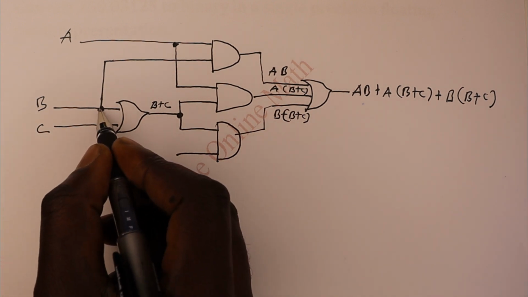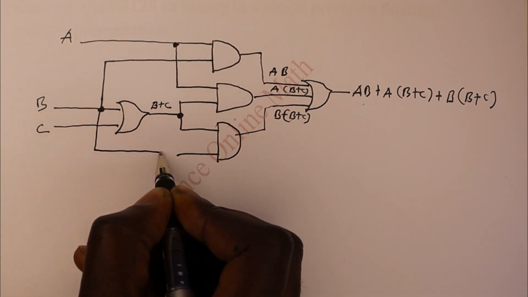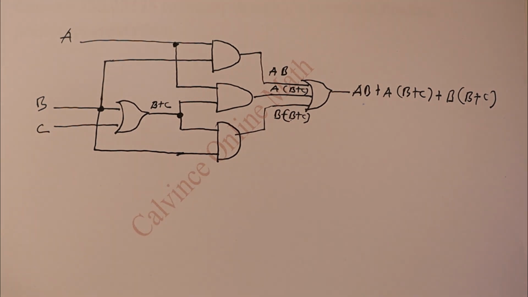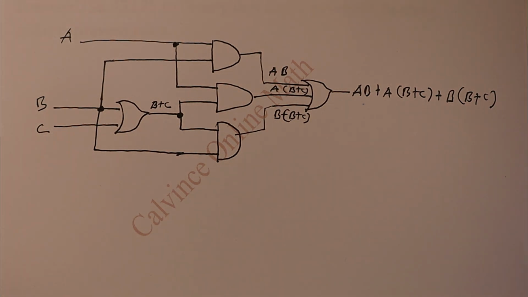So you can stretch it to show like that, but it has also been used there. Then we check for anything that is pending, and there's nothing that is actually pending. So that is the representation for that Boolean expression.